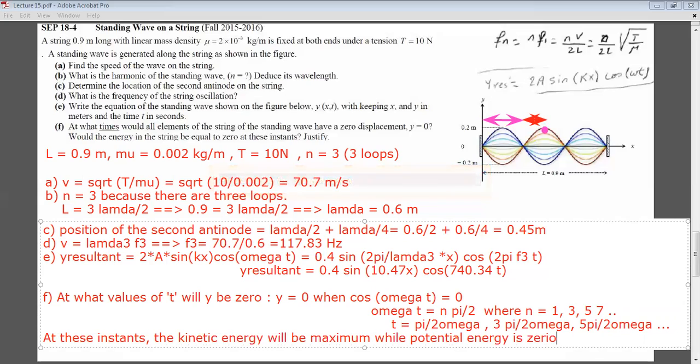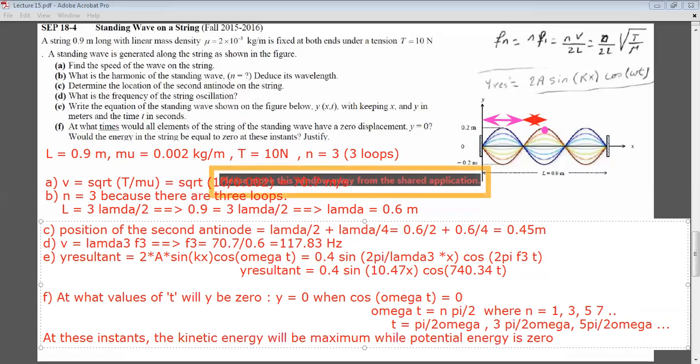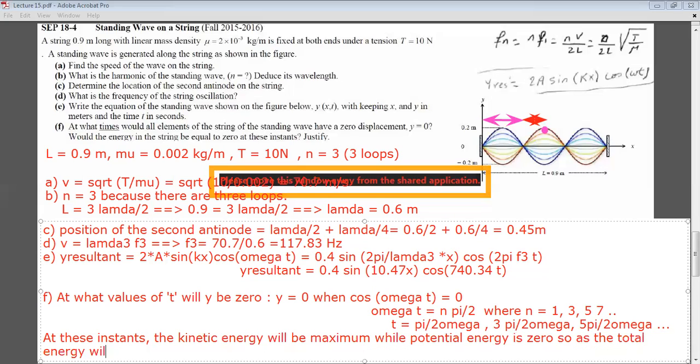So this you must remember. It happens when y is 0. When y is 0, the velocity will be the maximum, the kinetic energy will be maximum, but the potential energy will be 0, so the total energy will be constant.